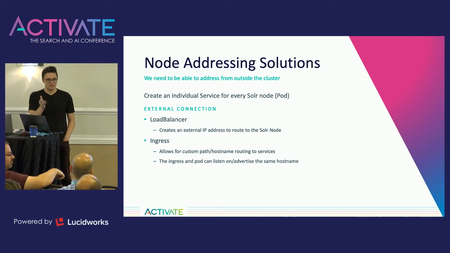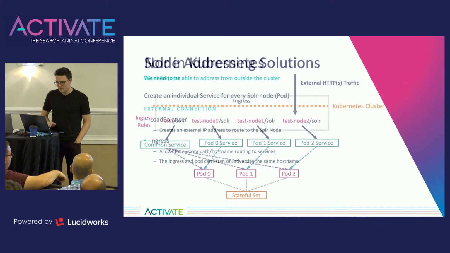Amran talked about this in his talk as well, but basically the thing we don't like about this is you have to create individual IP addresses for each of your Solr nodes, and if you're running thousands of Solr nodes, that's thousands of unique IP addresses, and if you're running this in a public cloud, that could be expensive, and we don't like wasting money here. So we like ingresses.